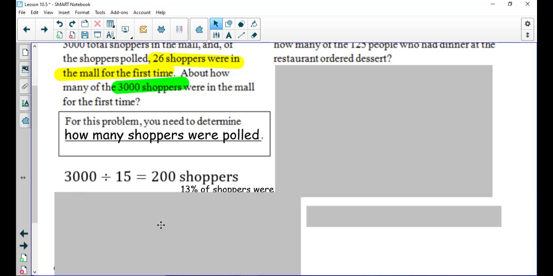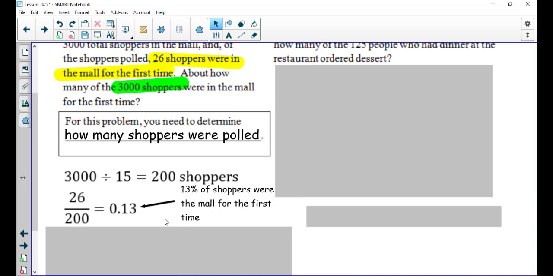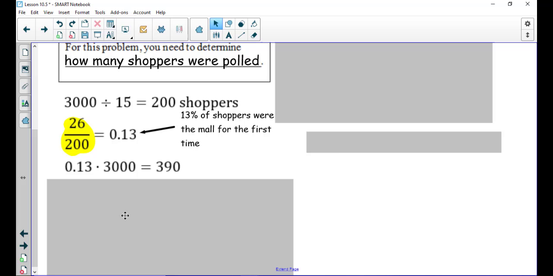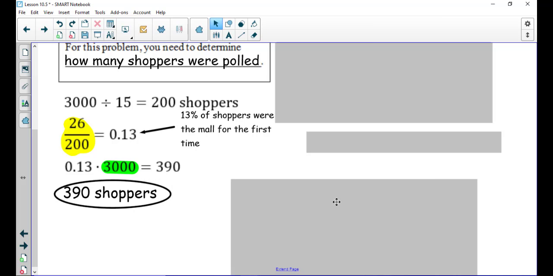So we're going to have 26 out of 200, which is 0.13. That's from my sample. We would expect 13% of the shoppers to be in the mall for the first time. We'll take our 26 out of 200, which is 0.13, times our population size of 3,000. And that will get us 390. So what we would expect is that about 390 shoppers would have been in the mall for the first time.